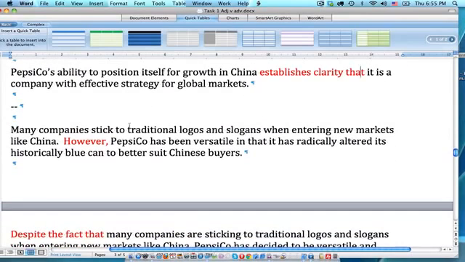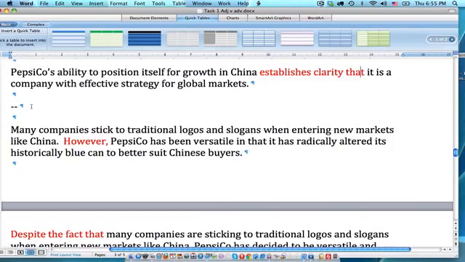Okay, now this last section, I want to talk about certain language that you can use to contrast ideas. And for the sake of our example here, I'm just using the two ideas that general companies are being very traditional when PepsiCo is being very versatile and modern.